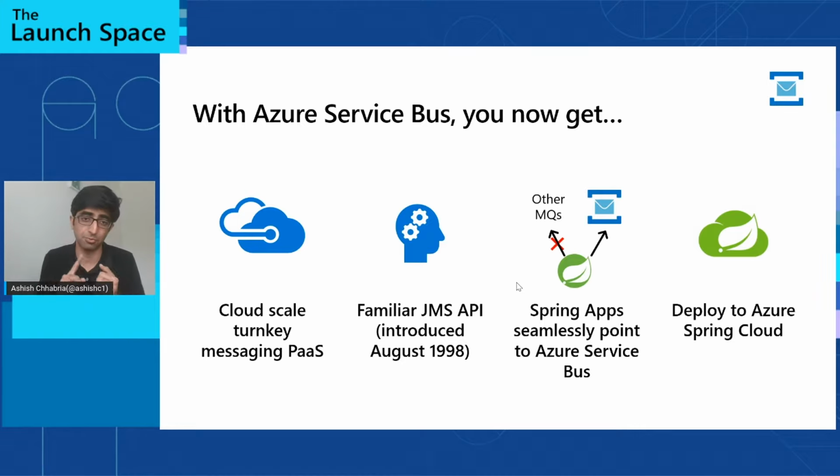We now have support for the familiar JMS API, which has been around for 22 years, and there's a lot of knowledge out there among the Java and Spring developer community. Your existing Spring applications can seamlessly point to Azure Service Bus, and with that, you can deploy your existing applications onto Azure Spring Cloud and leverage the best of messaging PaaS that's out there.